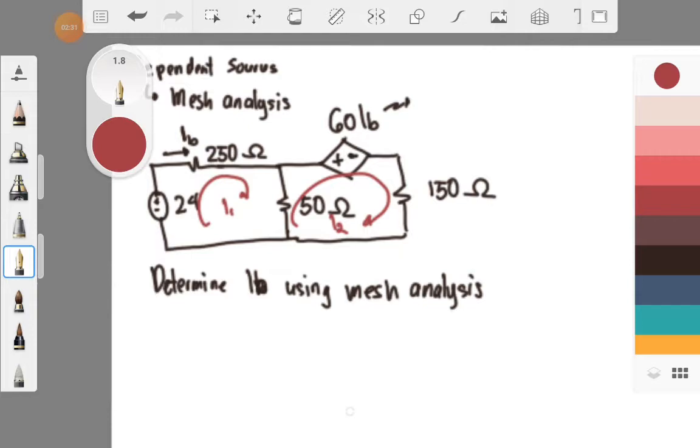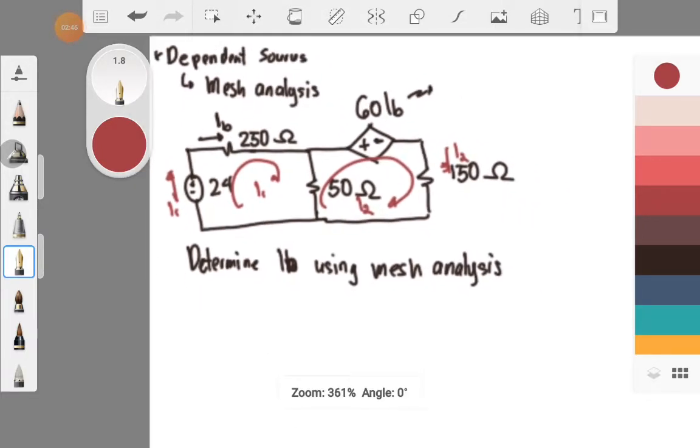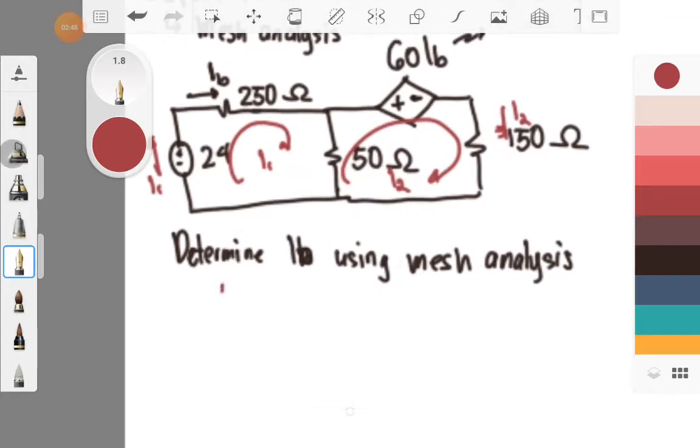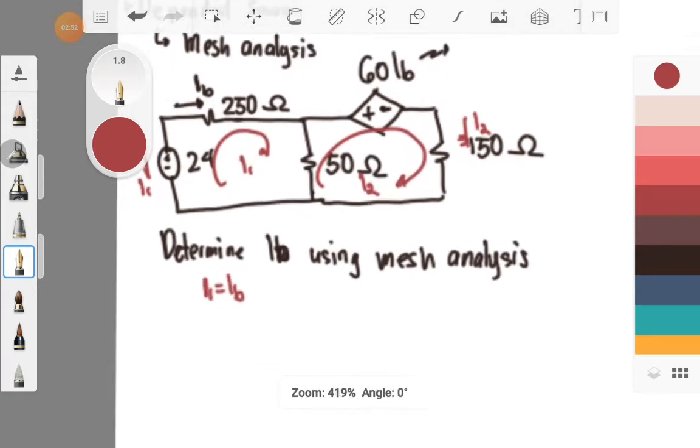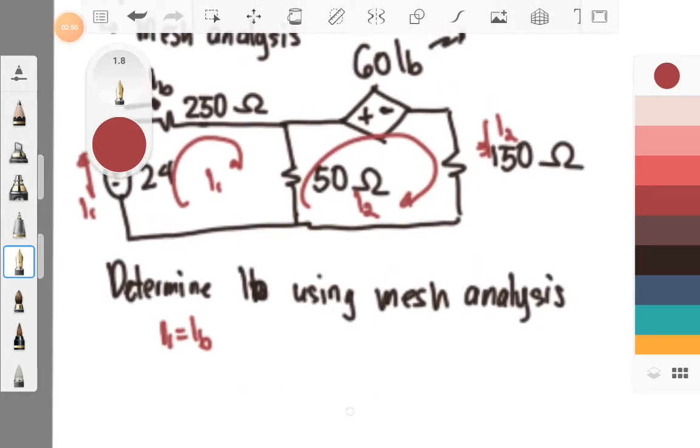It is a clockwise direction. Also, this is I1 at this mesh. So I1 and I2 for each mesh. Since I1 is in the same direction as IB, I may say that my I1 is equal to my IB.